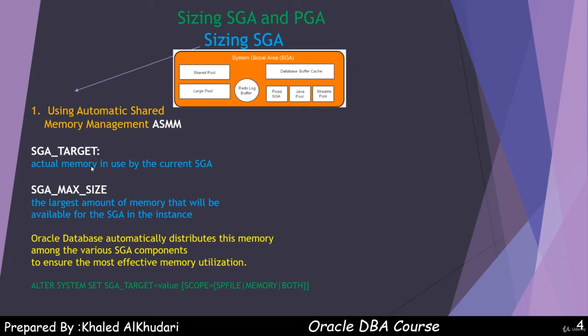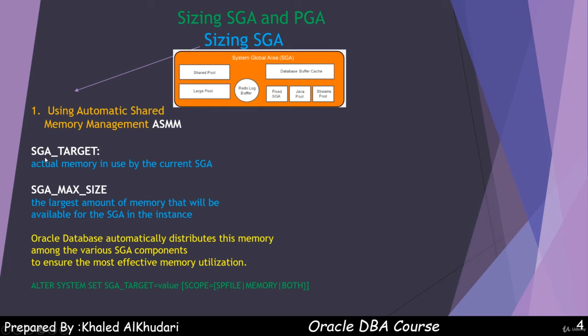Anyway, the main parameter is this one, SGA_TARGET. The database administrator puts the value for this parameter. After the DBA puts the value for the SGA_TARGET, Oracle Database automatically distributes this memory among the various SGA components.